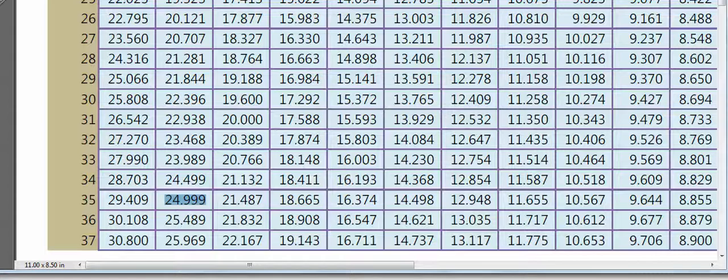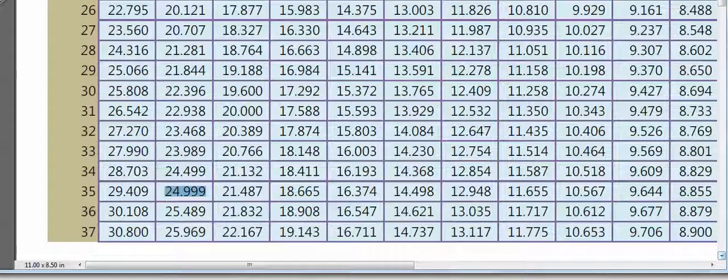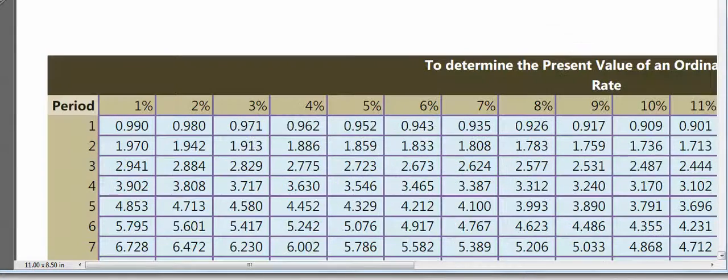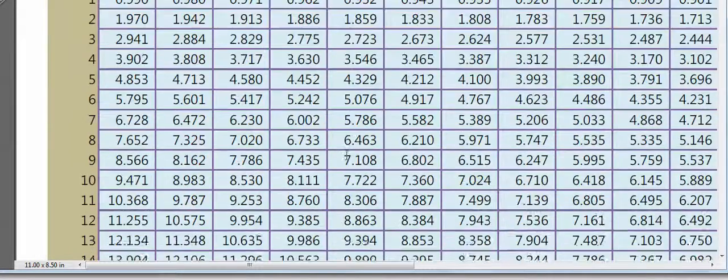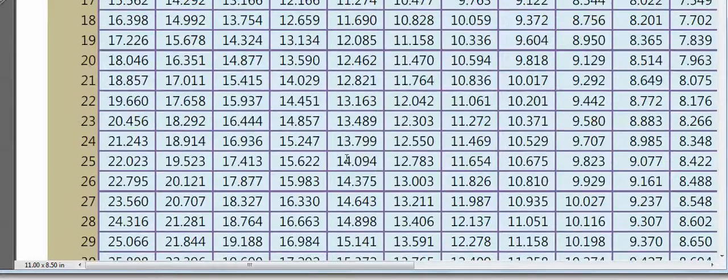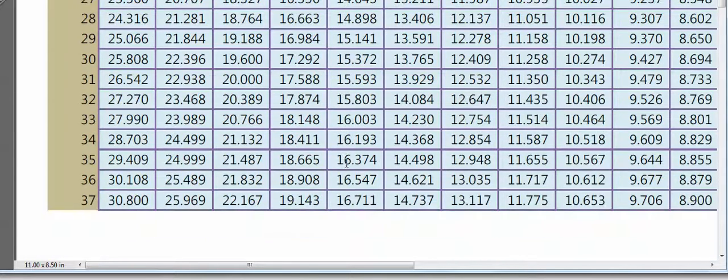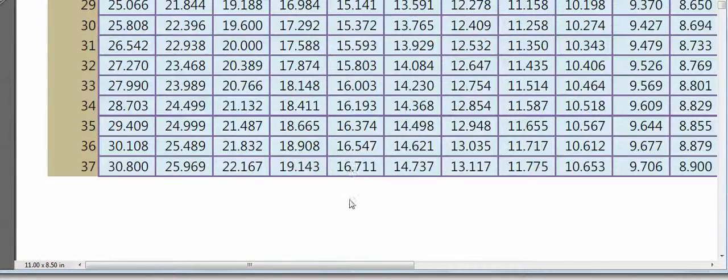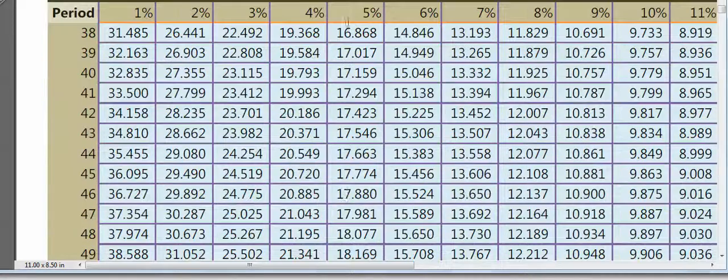So I would pop over to the interest factor table, and I would look up 25, but I don't look it up in the 2% column anymore. I use the 5% column. So I'm going to scroll down, and I'm looking for 25. I'm having to go to the next page because I haven't hit 25 yet. I'm still in the 5% column.